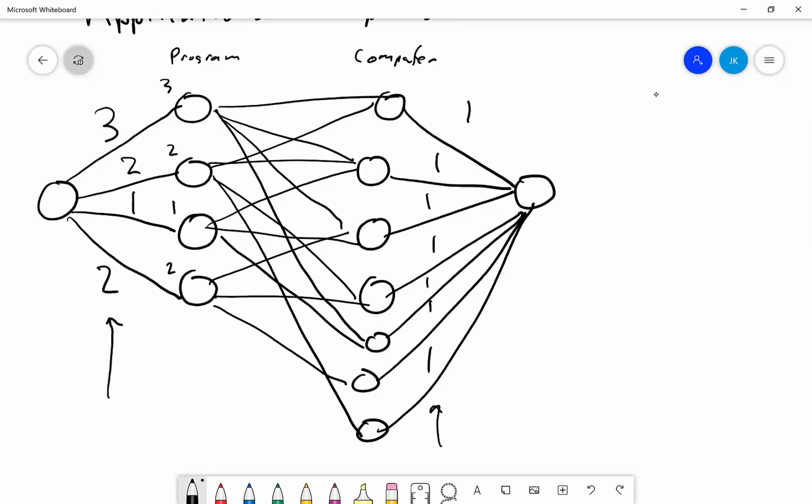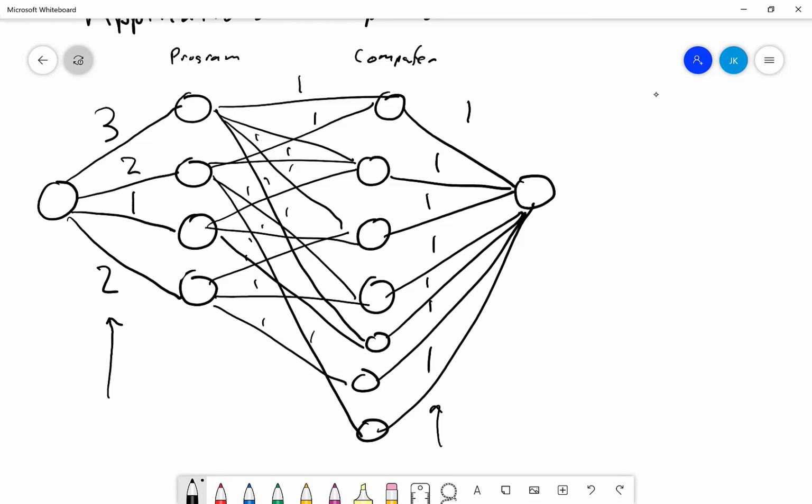So we would like the source to be producing 3 of program 1 and 2 of program 2 and 1 of program 3 and 2 of program 4, for instance. The edges in the middle, since a program can only run on one computer, are each basically just going to be 1.